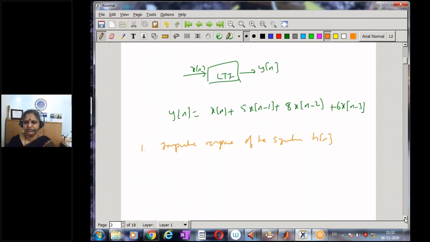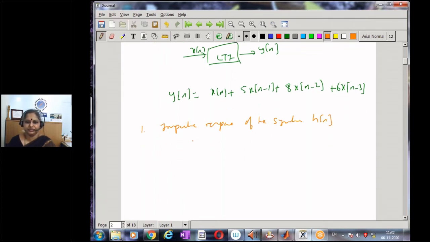We have seen in the previous class that given the difference equation, we can substitute different values of n and get the response. So when my input is an impulse, I have all terms of the input being 0 except the one at the origin.